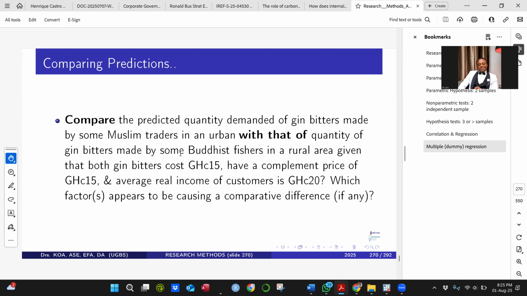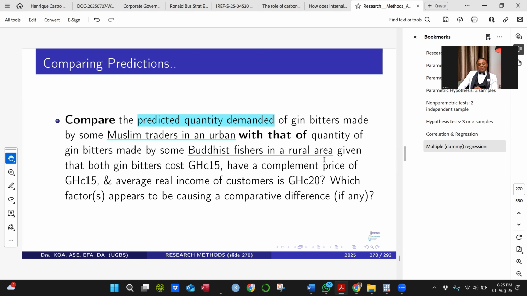Okay, so here's the thing. We are going to compare two things. One, you're going to compare the quantity demanded of gin bitters from two sources. One, by some Muslim traders in an urban area. Compare that quantity demanded with that of the quantity demanded made by some Buddhist fishers in a rural area.